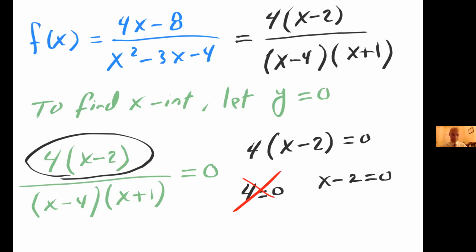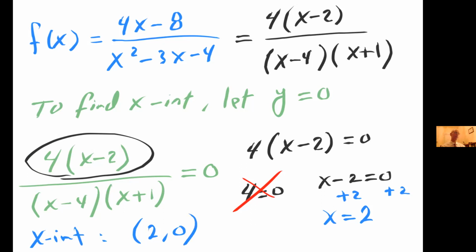Adding 2 to both sides, I get x equals 2. So I have an x-intercept at 2, 0.